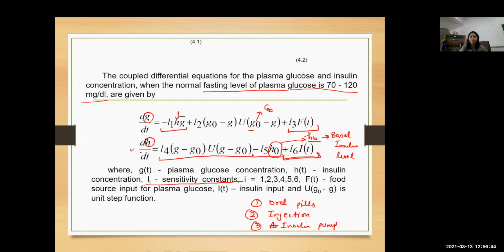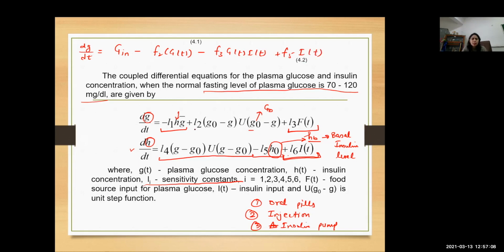So if I write down one of the equations, it is dG/dt equals G infusion minus F2 GT minus F3 GT IT plus F4 IT.